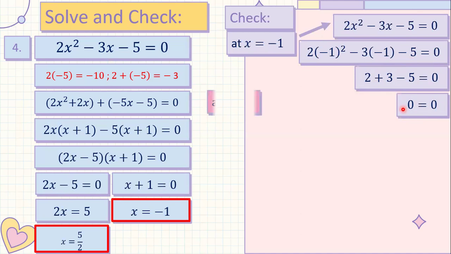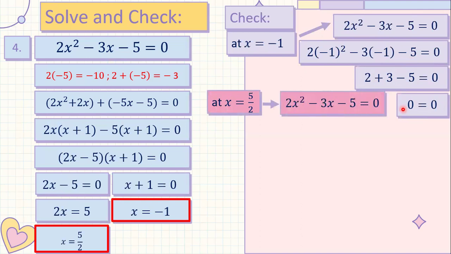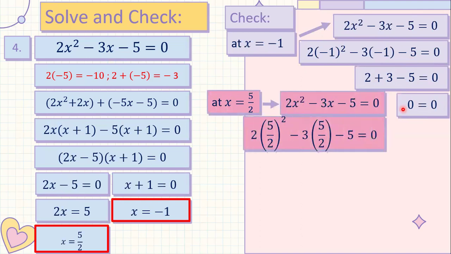How about if x is 5 halves? Still, substitute that to the original equation. So we have now 2 times 5 over 2 squared minus 3 times 5 halves minus 5 is equal to 0. So if you're going to square this one, that is 25 over 4.